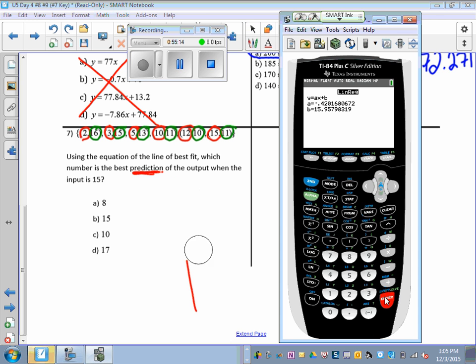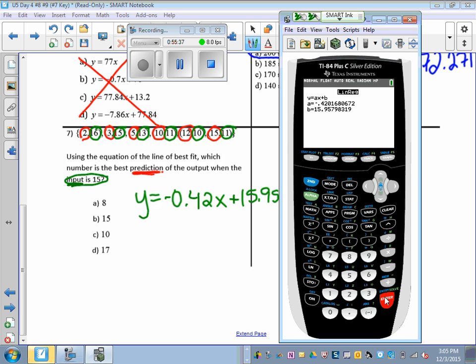Here we go, write out our equation. So y equals, my a value is negative 0.420x plus my b value, which is 15.957. Alright, then it says, what is the prediction when the input is 15? So that input is my x value.